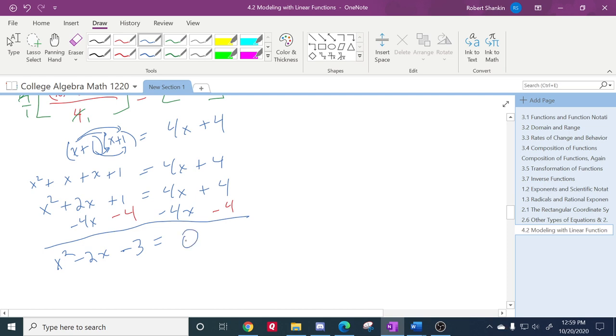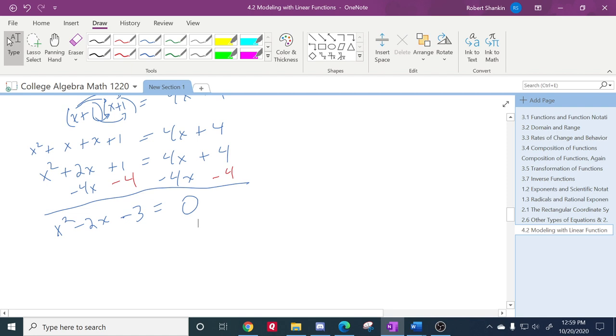And then once we have it equal to 0, we factor it, and if it doesn't factor, we use the quadratic formula. And it's minus 3, minus and plus to get a negative, and then 3 and 1, and make the larger one negative so the middle term is negative. And then we get two answers, x equals 3 and x equals -1.